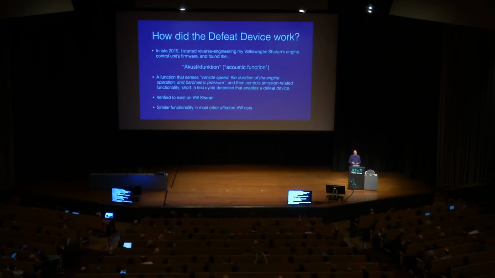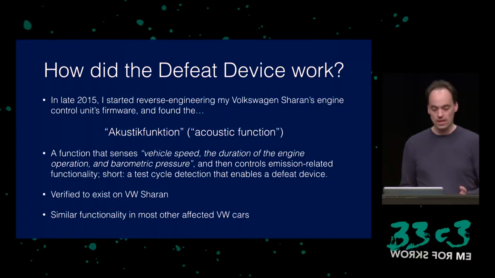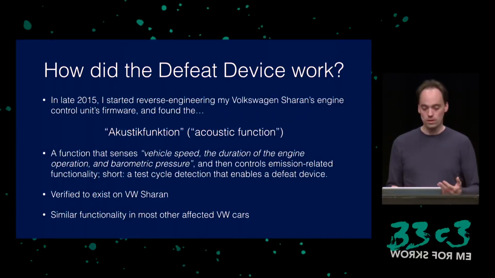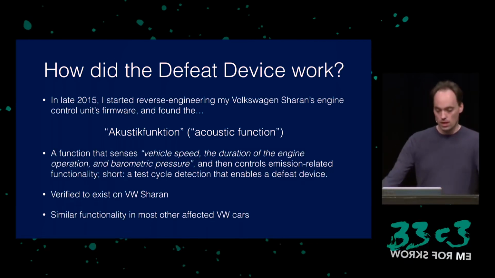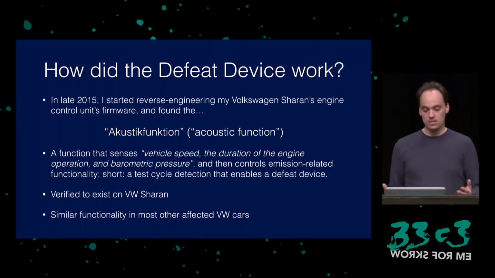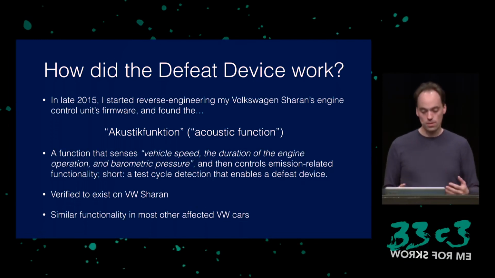So yeah, having the image now in my hands, I could start actually reversing the defeat device. And what I found was, and I don't want to duplicate a lot of what I talked about in the last talk, a function called acoustic function, or Akustikfunktion in German. It's a function that senses vehicle speed, the duration of the engine operation, and some other things, and then controls emission-related functionality.